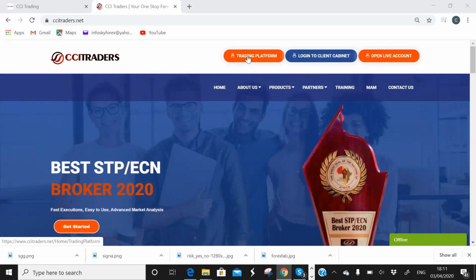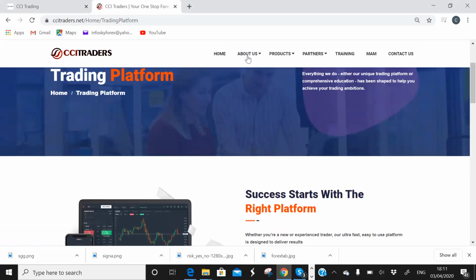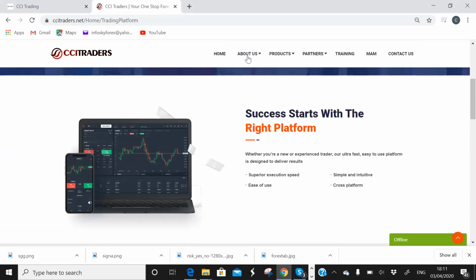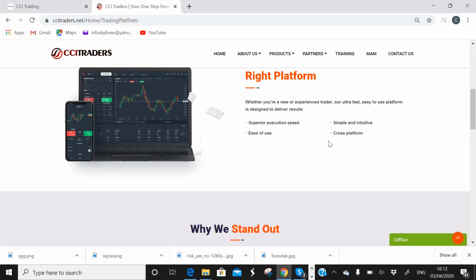It's open. There are different trading platforms you can use to maximize your trade. We have a phone trading platform. You have a laptop. You can trade anywhere, anytime. You have superior and very fast execution. It's very easy to use. It's simple, and there's a lot of transparency. You can enjoy transparency when you're trading with the platform.